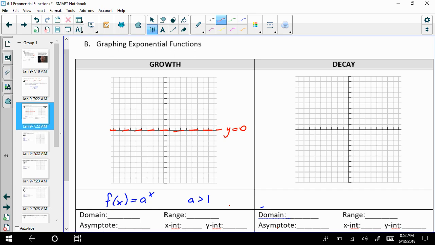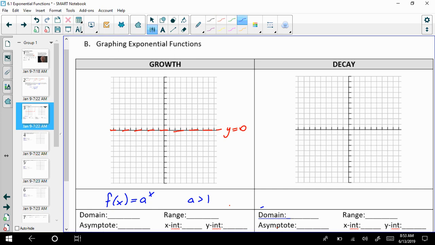Well, why can't it become 0? Well, the reason is there is no number I can substitute in for x to make this entire thing come out to 0. And you might say, well, duh, put in 0. Well, if I put 0 in for x, remember anything to the 0 power is 1. There is no number I can substitute in for x and get 0 out. That's why we're going to have a horizontal asymptote at 0.